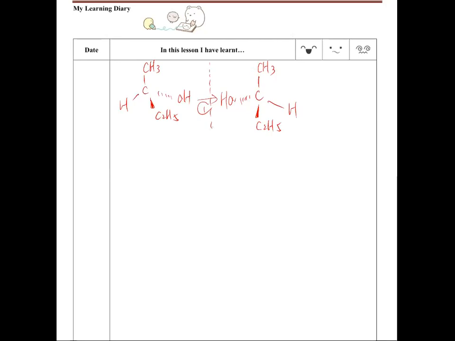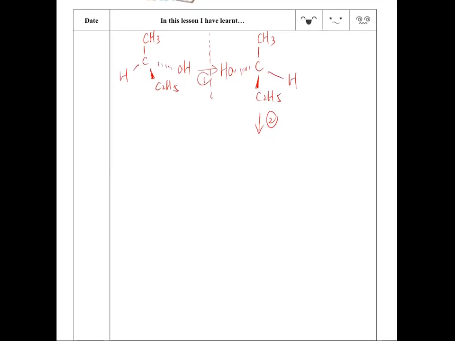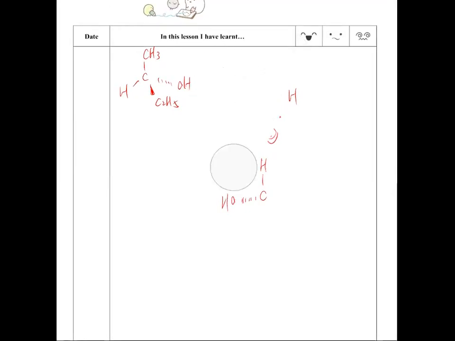That's the second time I switch the position. I want to put my hydrogen here, and then the OH group. Sorry, let me erase them and start from the beginning. That's the original one. I change it once, I get this molecule.